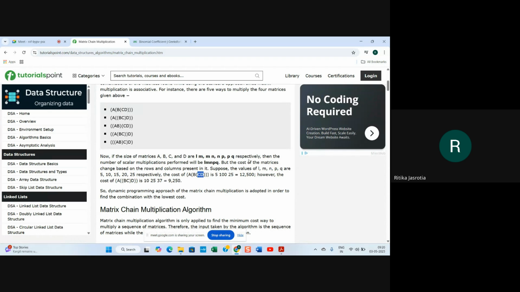How they have calculated: they are saying for A you are taking 5, then B and then C into D. So B and C into D, how much will that be? B is having M into N, N into D and this.